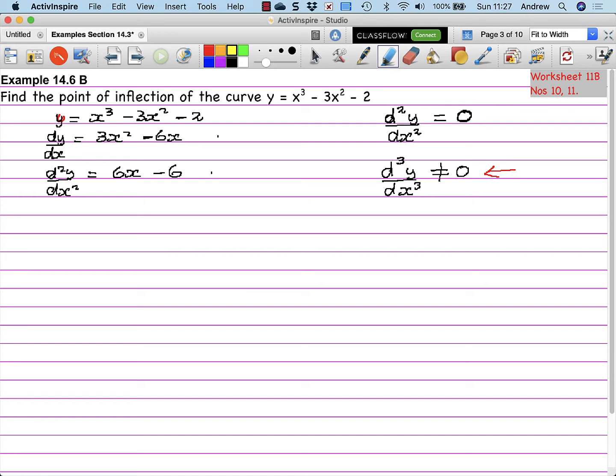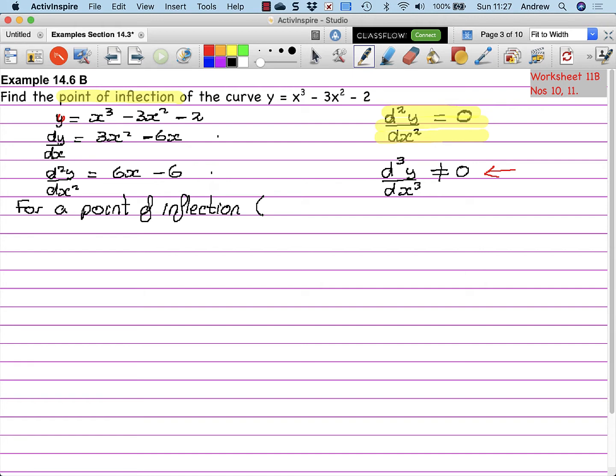Now, for a point of inflection, because this is what this question is about, we were told to find the point of inflection. Well, we know that the point of inflection formula for our course is that one there. So write this down, always write it down. For a point of inflection, inflection, you might come across it in future studies.